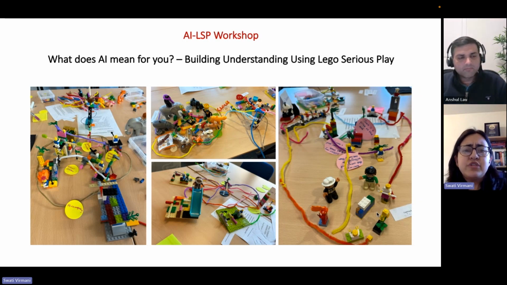So a few interesting insights came out from this workshop, and I thought I'll start my presentation discussing those insights. First of all, anyone who's been through a Lego Serious Play workshop or session would know that we often start with the question of picking a brick or a character that you would metaphorically associate with a topic. So this time it was AI, and funny enough, a number of the colleagues picked a monkey as the metaphor, which meant AI is completely disruptive.